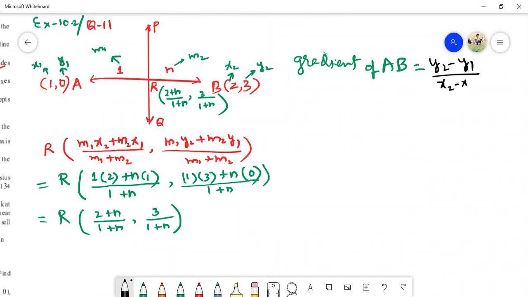Substituting, y2 is 3, minus y1, y1 is 0, x2 is 2, x1 is 1. So 3 upon 1, that is equal to 3. And let us suppose the gradient of line PQ be m.